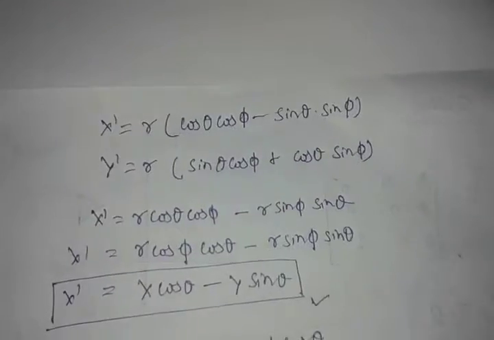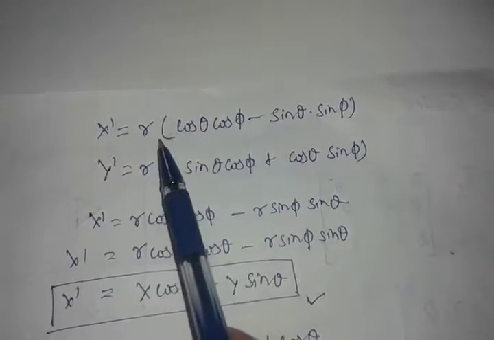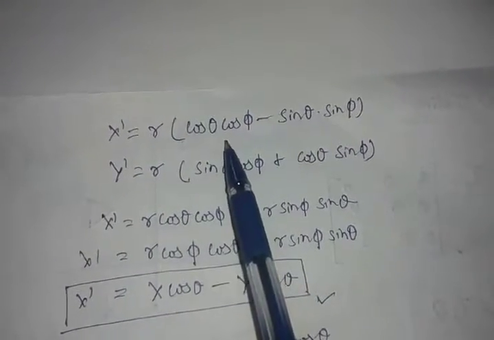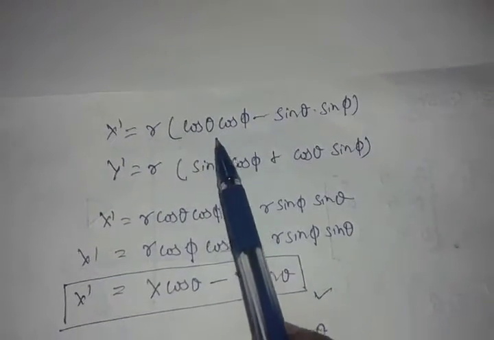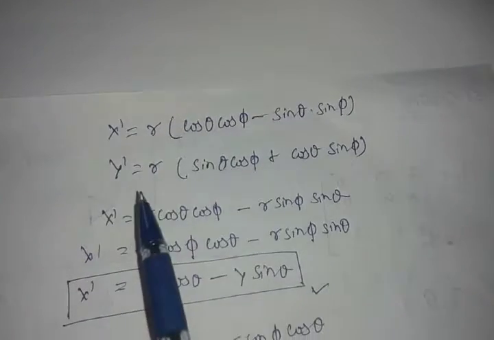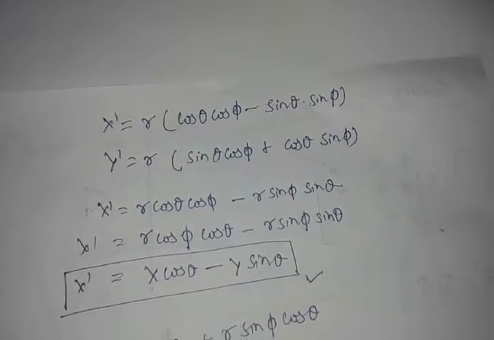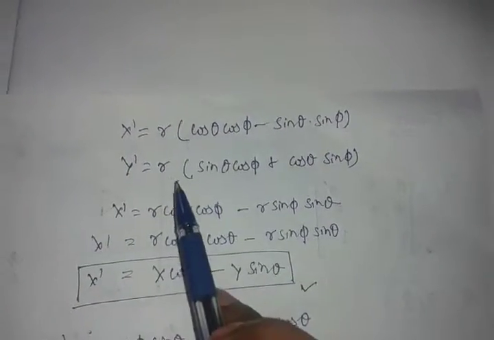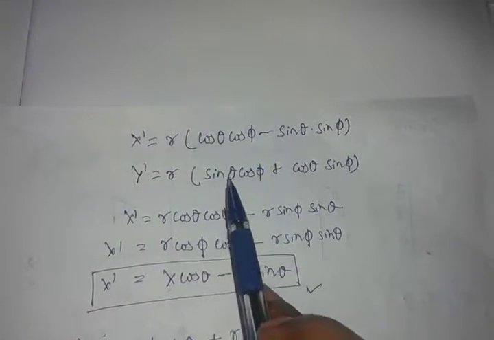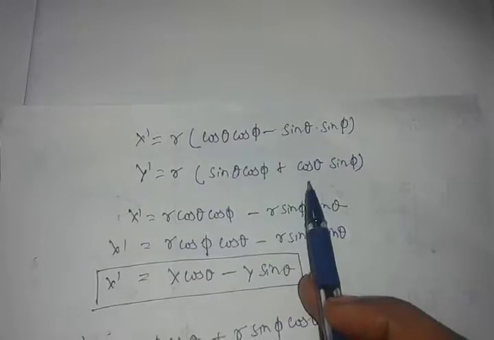Here I have just broken it down using the formula: cos(theta plus phi) equals cos theta into cos phi minus sin theta into sin phi. In a similar manner, I have calculated y dash equal to r into (sin theta into cos phi plus cos theta into sin phi).